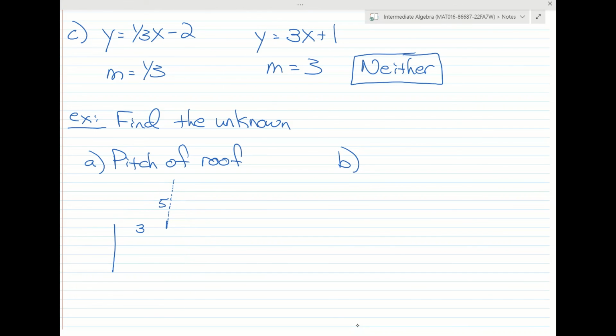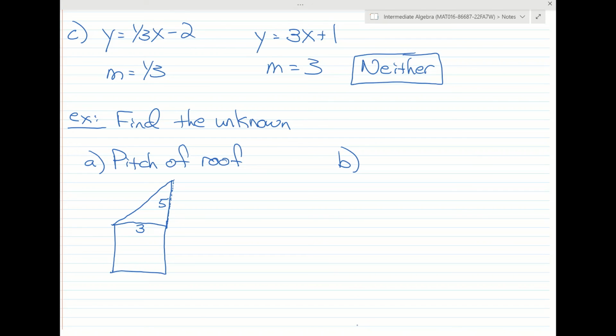You don't have to change your notes, but the idea is that the slope is like that, right? So when we're talking about the pitch of a roof, we're really just talking about the slope.